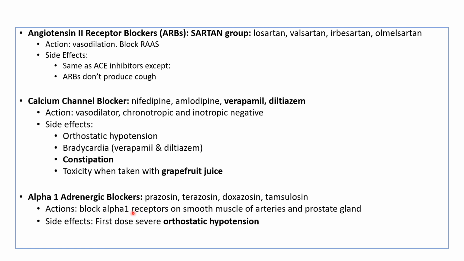If I block those receptors, then I dilate the arteries and I dilate the prostate gland. The dilation of the arteries lowers the blood pressure, there's a vasodilation, and the dilation of the prostate gland will facilitate the urinary flow.